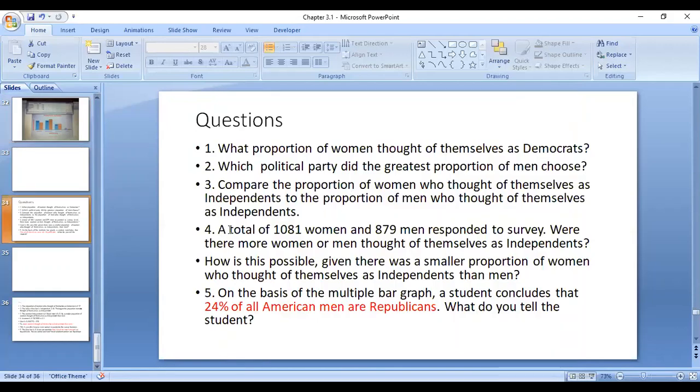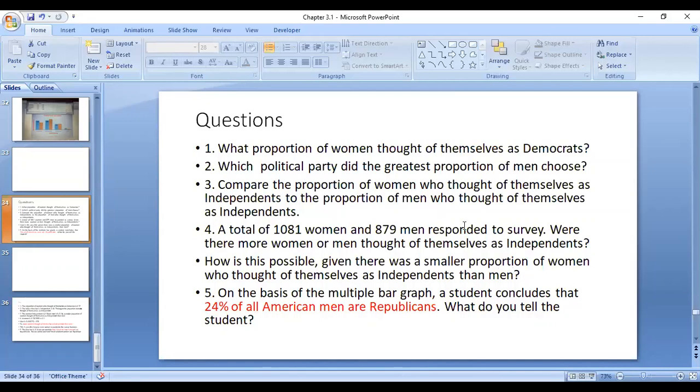The question 4. The total is 1,081 women and 879 men who responded to the survey. Were there more women or men who thought themselves as independent? The total women is 1,081 and the men is 879.